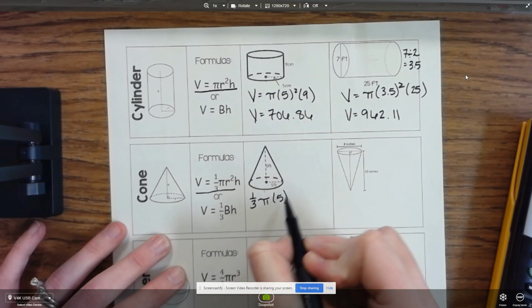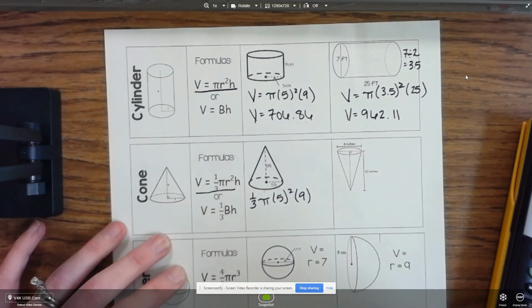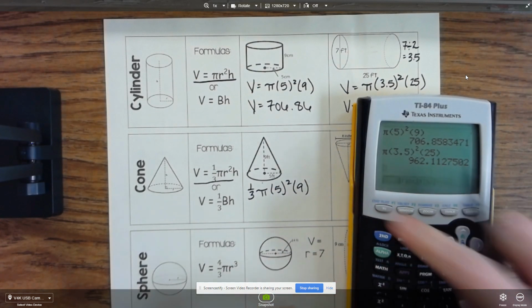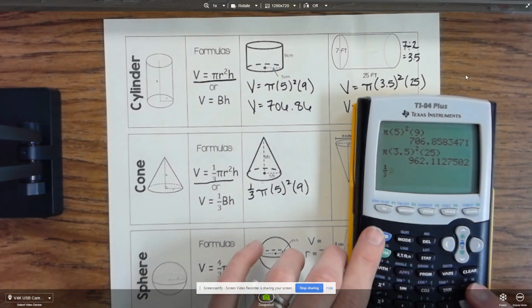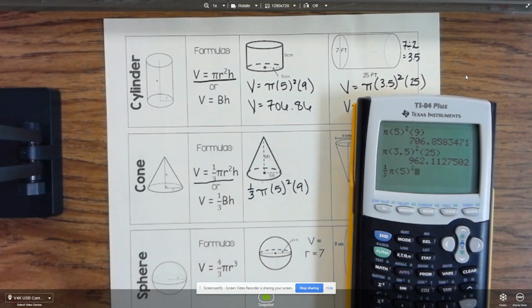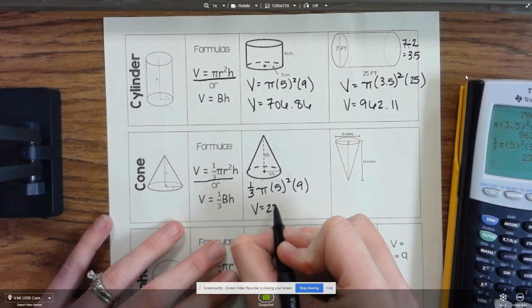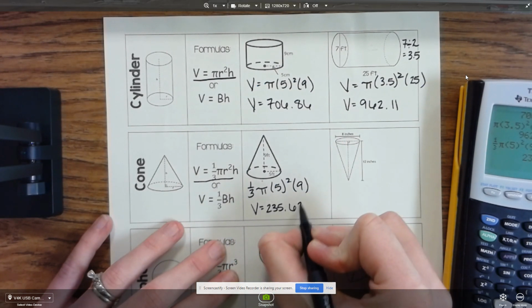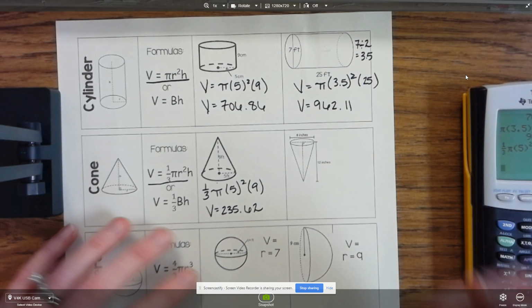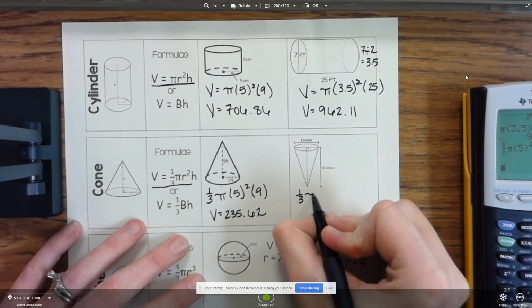So now for a cone, different formula, same process. So my radius is 5 and my height is 9. So 1/3 pi radius squared times the height. And so I get a volume of 235.62. And then same thing here.